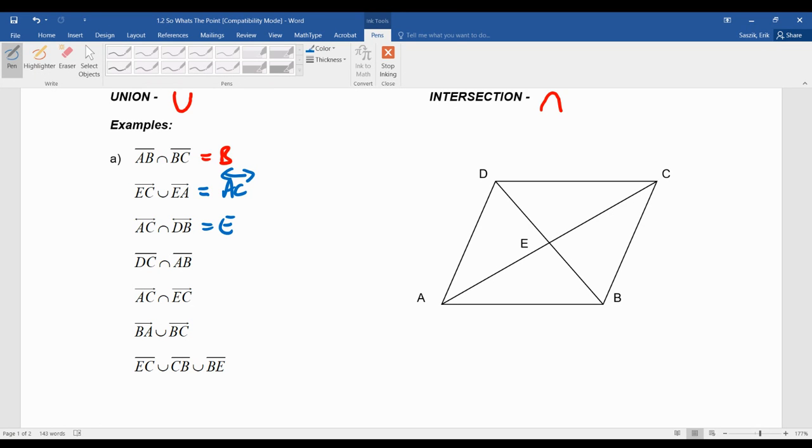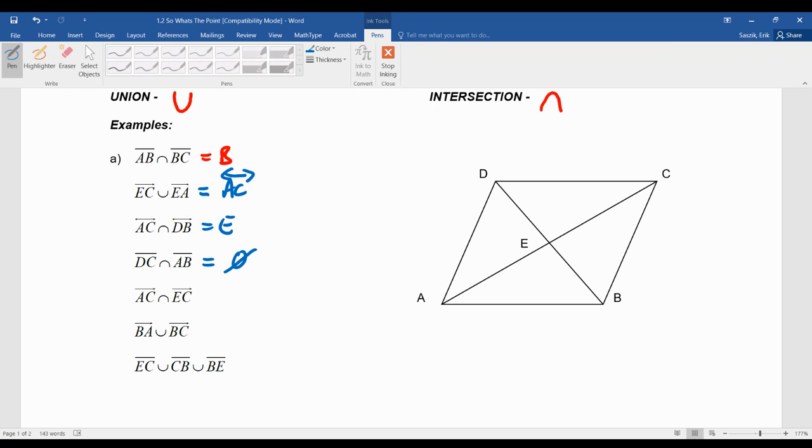Now this next one says segment DC intersecting with AB. Where do these two things cross? What do they have in common? If you're a little bit stumped, you're probably right, because they have nothing in common. Their intersection is just the empty set. They share nothing.